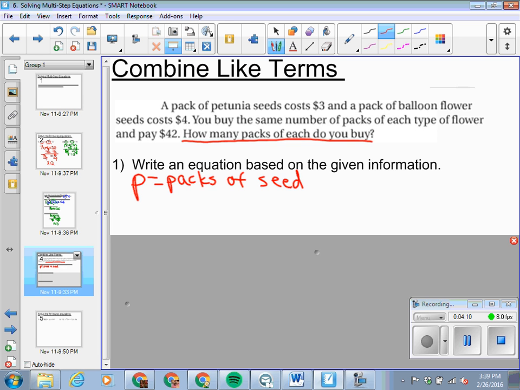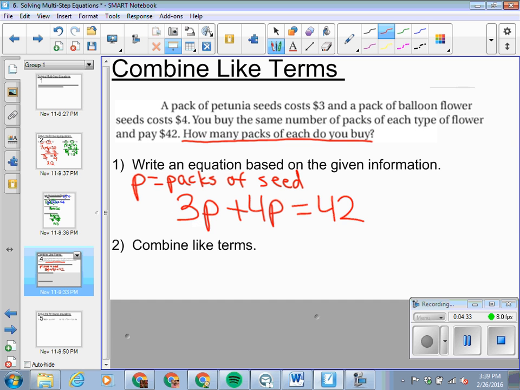So we know that our petunia seeds cost $3 each, and the balloon flowers cost $4 each. And we combine those for a total of $42. We're now going to combine our like terms.